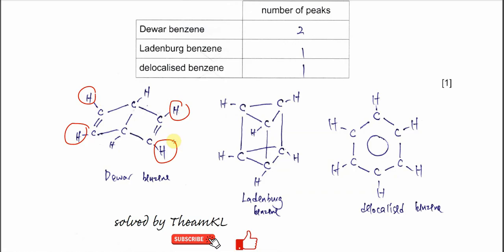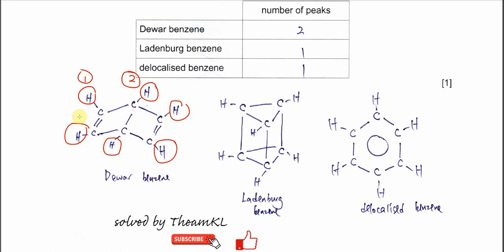They have the same chemical environment, meaning they are equivalent, and they will produce only 1 peak or 1 signal. And the other 2 protons here have the same chemical environment, so they will produce another peak. So for the Dewar benzene, it will be 2 proton peaks, because there are 2 different proton chemical environments.